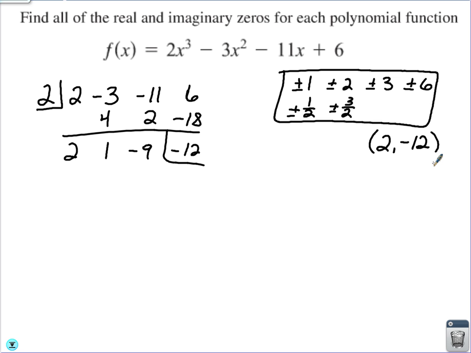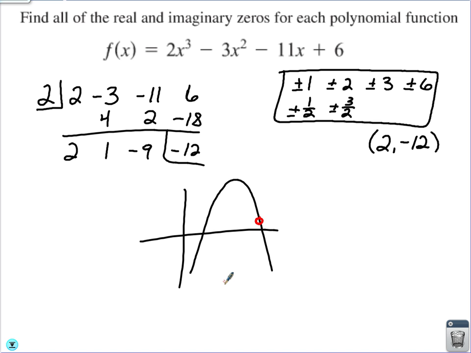The reason that's going to come in handy, what if you found out that f of 3 was 0.2 or something? I don't know, that's just random. But what if you find out that f of 3 is something really close to your x-axis? Think about it. If you're using your synthetic division here, and you plugged in this value right here, and you got something really close to that x-axis, guess what?